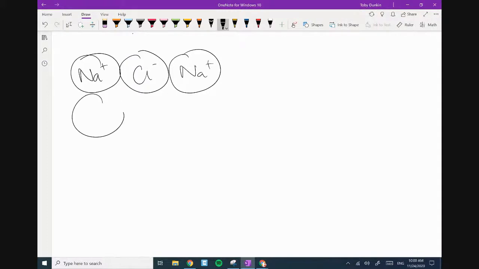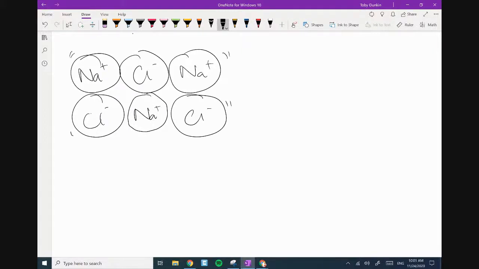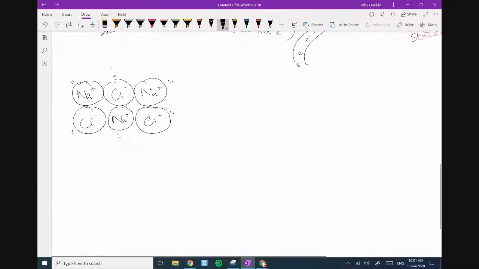There's our solid sodium chloride. The ions are locked in position. They're vibrating, but they can't move. When we now make it molten, so we heat and melt, what does this look like?